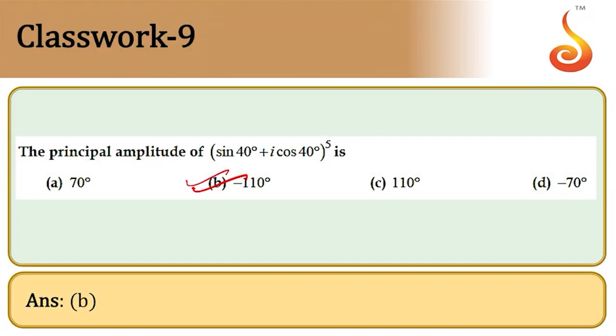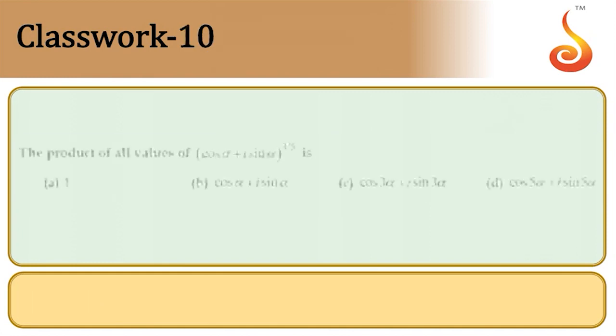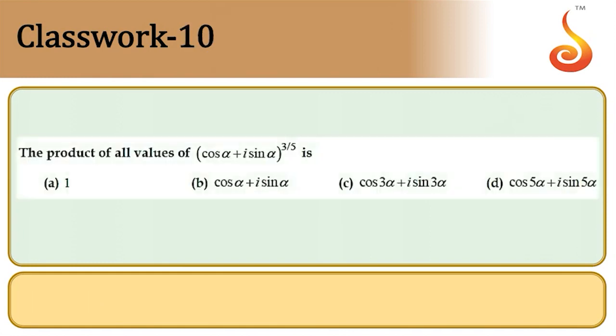So we have to bring it in the form of cos theta plus i sin theta. Product of values. Just recall, if I take x to the power 5 is equal to 1, and x equal to 1 to the power 1 by 5, so x to the power 5 minus 1 equal to 0.